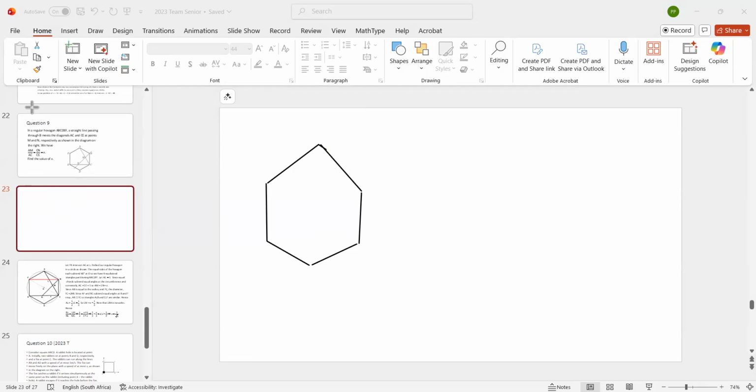Now, the thing about any regular polygon, whether it's a regular hexagon or a pentagon and so on, there's a very important fact associated with it, and that is all those points lie on a circle. You see, all the vertices lie on a circle.